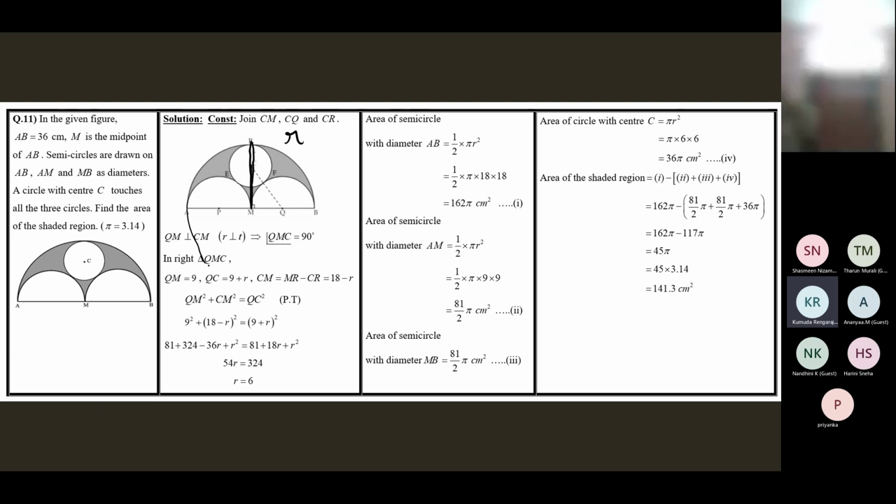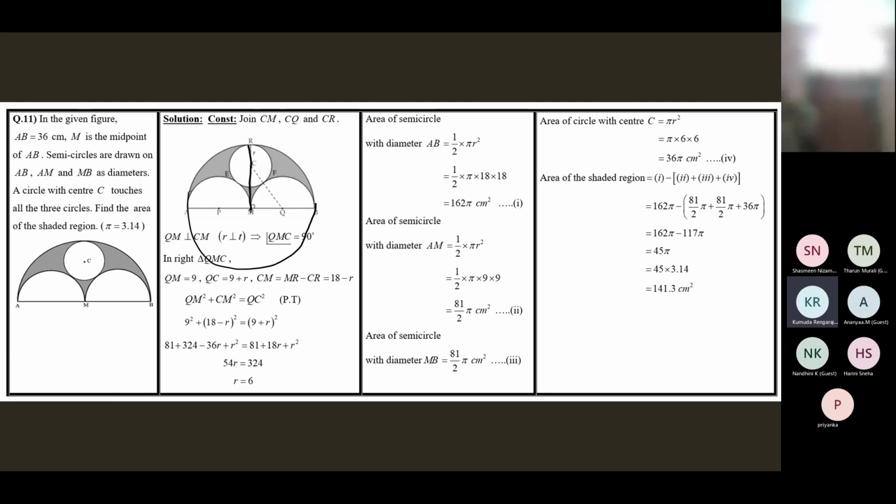So let me complete the circle. Okay, I have completed the circle, children, and you can see that this is the radius. How much is the diameter given? 36. The diameter is given to be 36, which means the radius is 18. So MR is the radius for this circle.